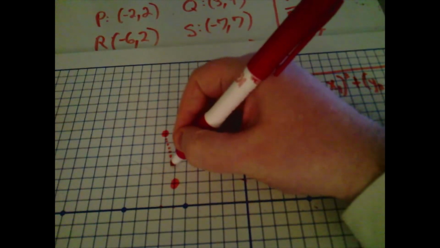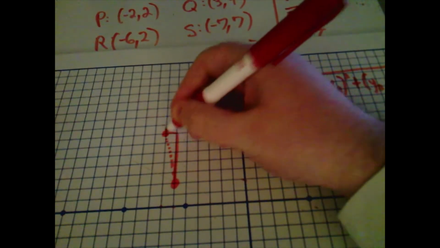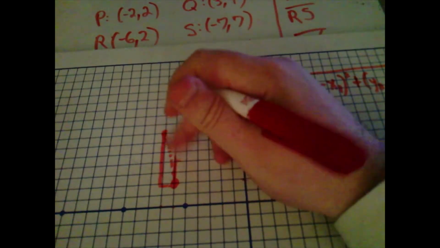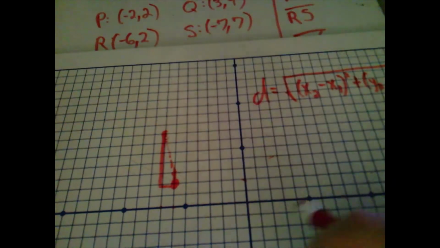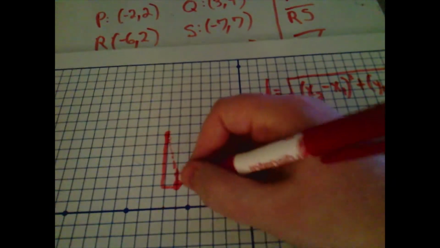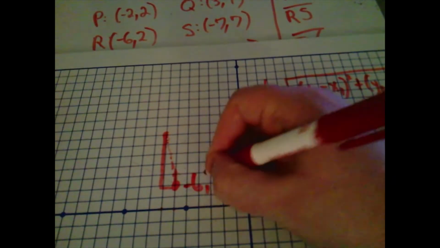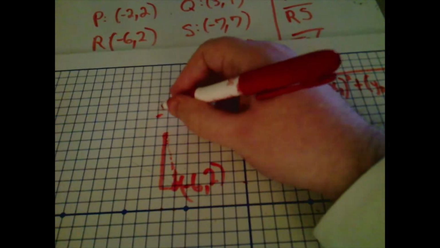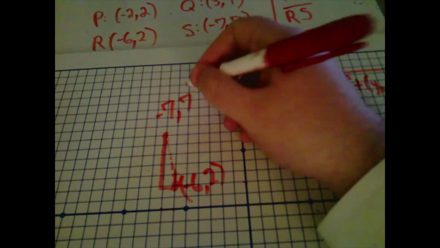We have a right triangle here, or you could say that the right triangle is found by this. It doesn't matter. This here was the point -6, 2. And this up here was the point -7, 7.